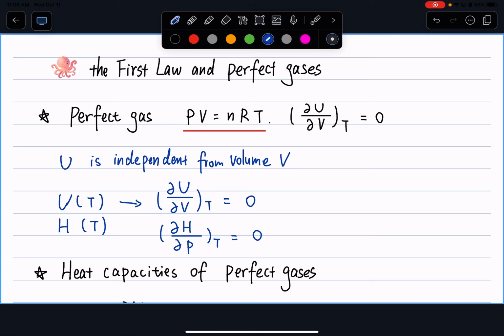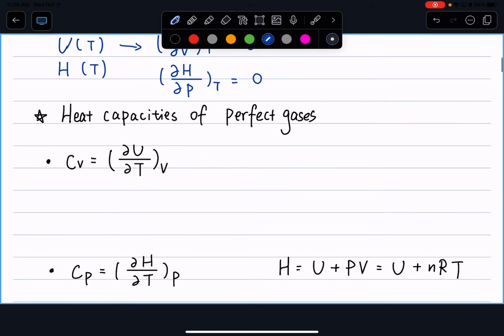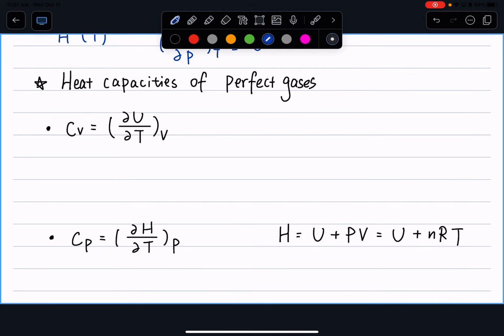So with that in hand, we can work out some of the things that we did last class. Last class we derived the general relationship between your heat capacities, CV and CP. So we can work it out for the ideal gas specifically. Now, when we're looking at the heat capacities, CV and CP, I put down the definition here.